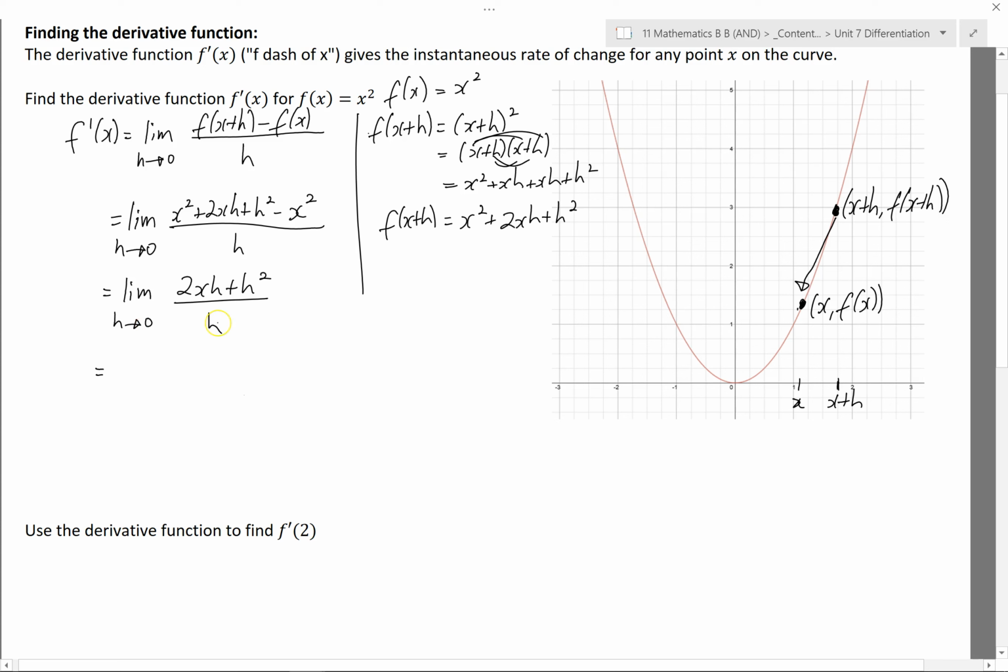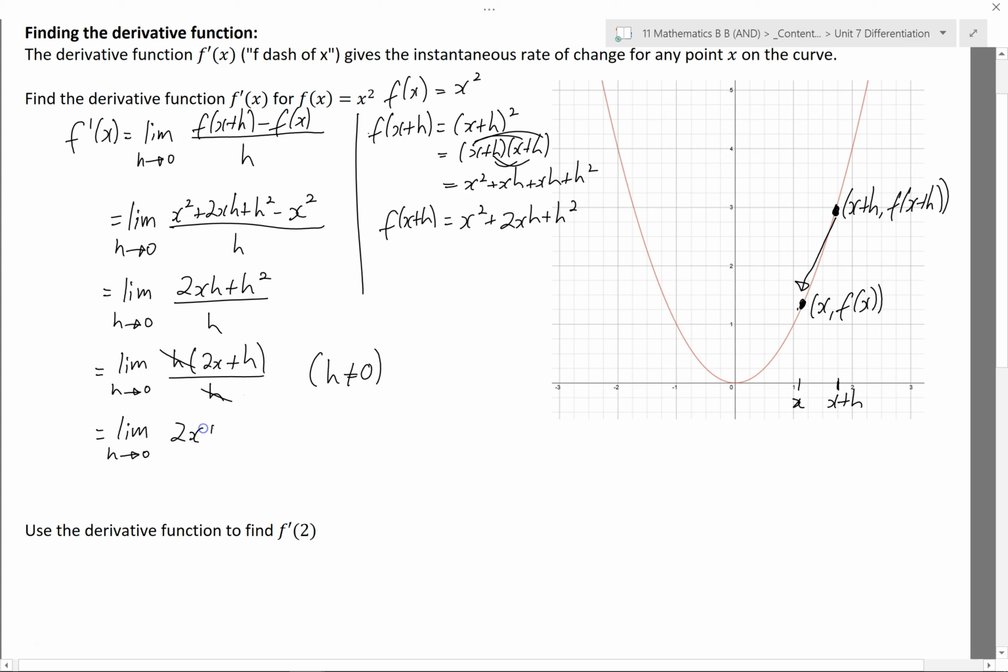Okay, again, can't substitute in h equals 0 because it'd end up dividing by 0. So I'll factorize on the top line, common factor of h, be left with 2x plus h, and h on the bottom. I can cancel these h's so long as h doesn't actually equal 0.